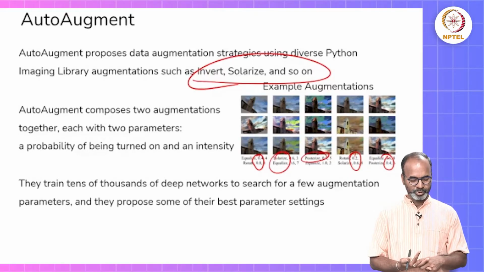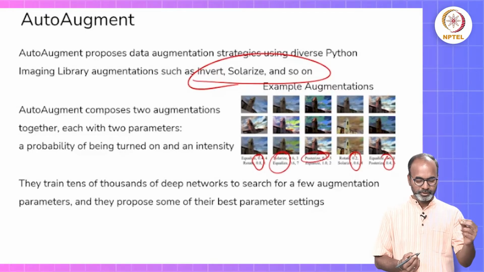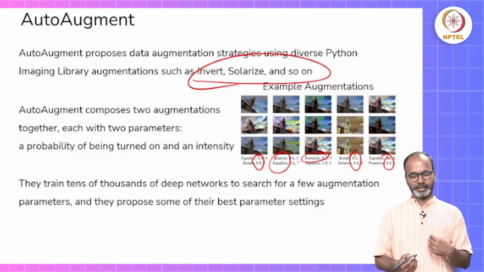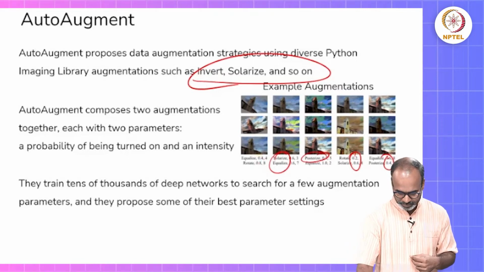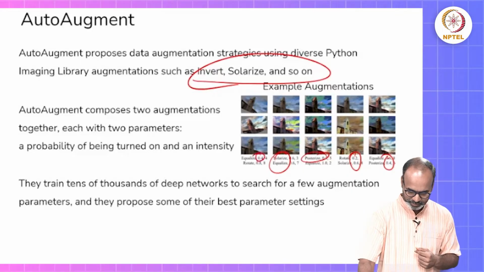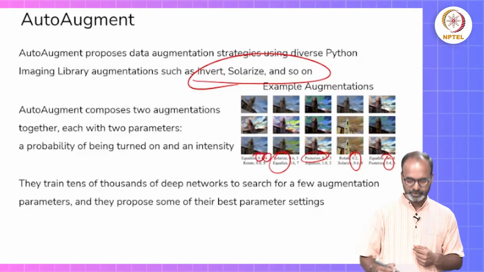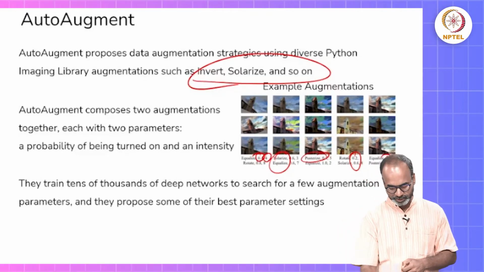AutoAugment composes two augmentations together, each with two parameters, a probability of being turned on and an intensity. So, if you look at, let me show you, if you see here, each with two parameters, a probability of being turned on 0.4 and an intensity of 4. That's what is happening in solarize.